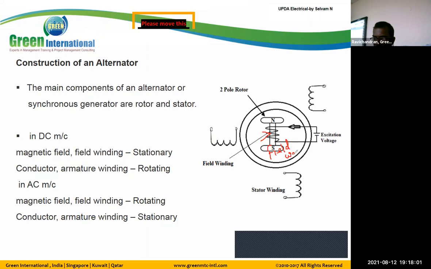This is the armature, sorry, stator winding, but as per Faraday's law, we call it armature winding.